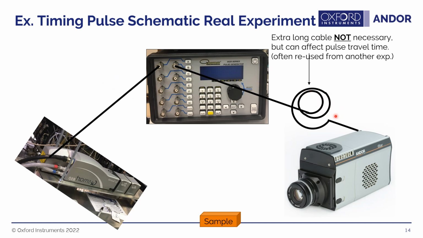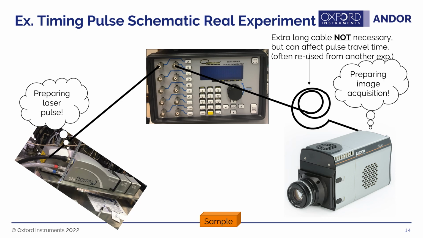So I wanted to show you what would happen if you do connect shorter and longer cables. In this case, you can see the pulse is generated by the digital delay generator, and you can see it's taking a lot longer to travel through the long cable to the iStar than it did with the short cable. Now that those pulses have been sent, both of these instruments, the laser and the iStar, are preparing to do their jobs.